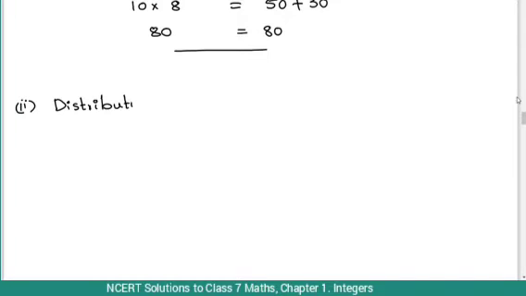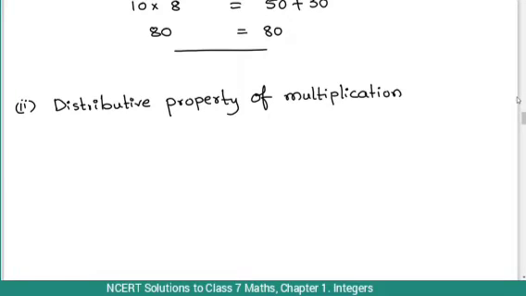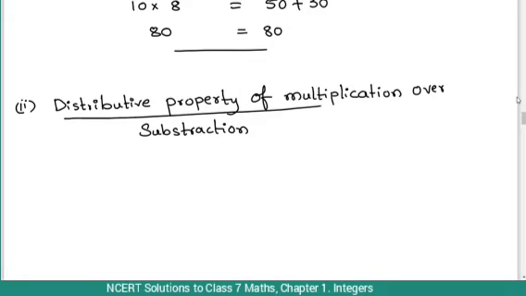Next type is the distributive property of multiplication over subtraction.